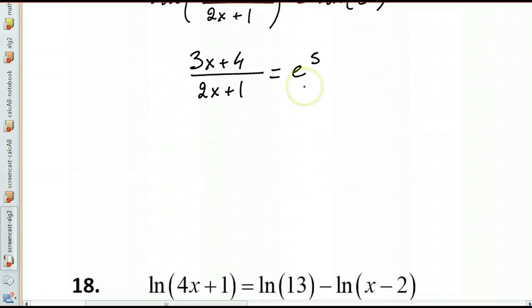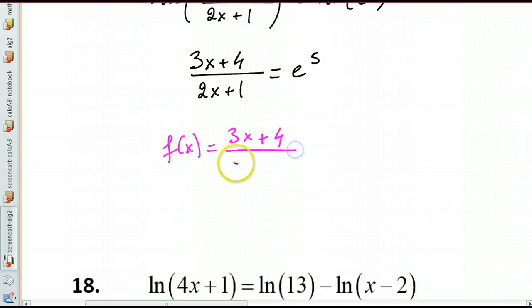How do we solve that? Well, we've done this kind of work before. Let me tell you where. I've given you a function before like that. Let's call it f of x equals (3x plus 4) over (2x plus 1), and I asked you to find its inverse.